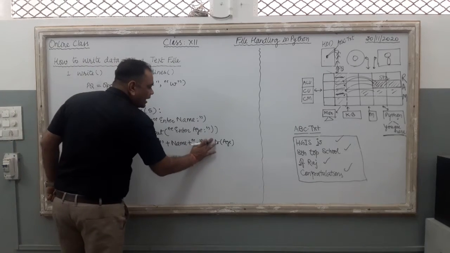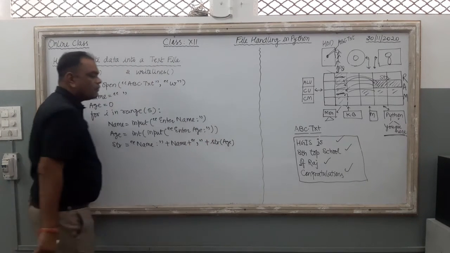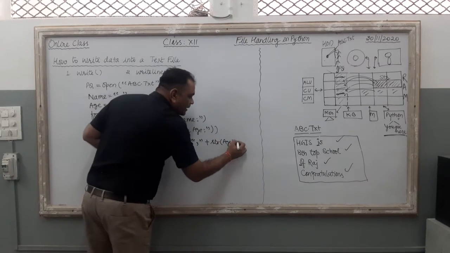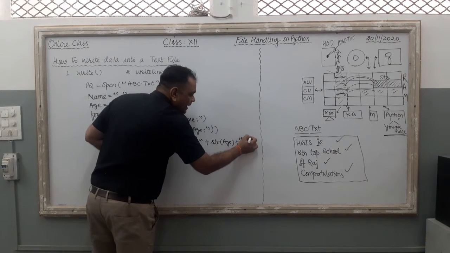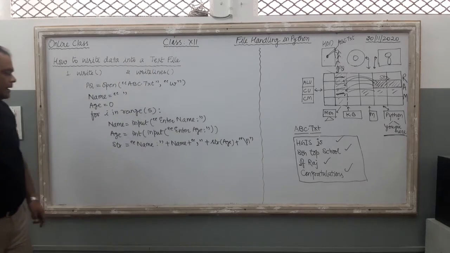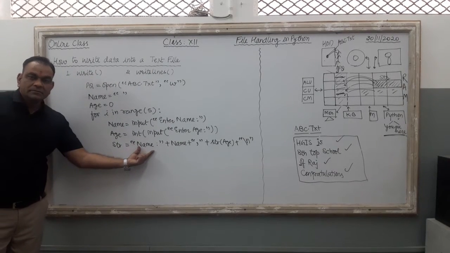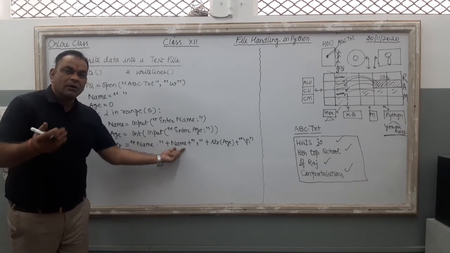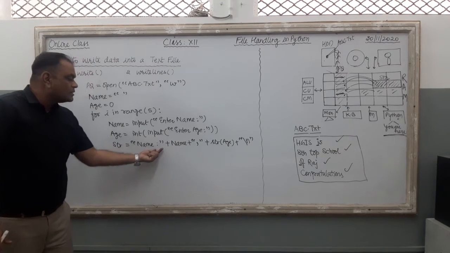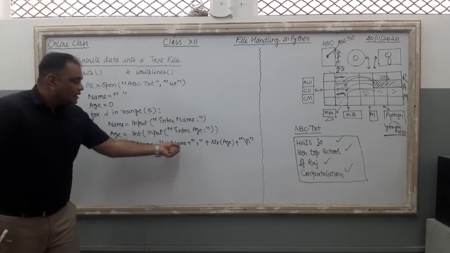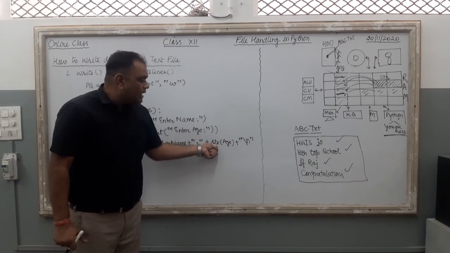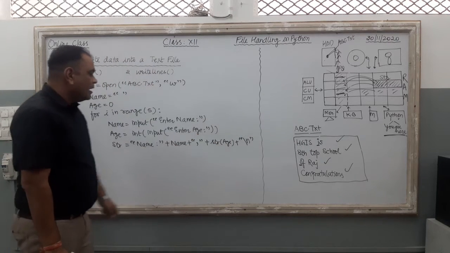Str, it is a function, okay, function of Python. Str age is converted into string, and then plus slash n. See the variable string name. It is a message. Just after name, student name is added. Plus means concatenation. Computer is going to add the student name with the name colon. Then comma. Then str age is converted into string format, and then plus slash n.